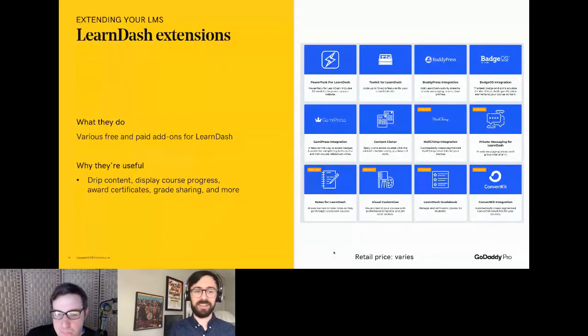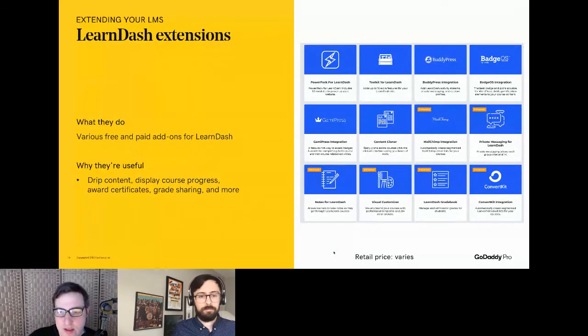Again, this is really going to allow you to build out those extra features that the core base might not allow for. Exactly. There's a lot here, and you can see this is a representative sample showing you, all right, this is a learning management system that's pretty lived in. There's been a lot of thought into how all of these things integrate with it. This may be a consideration as you're going forward.